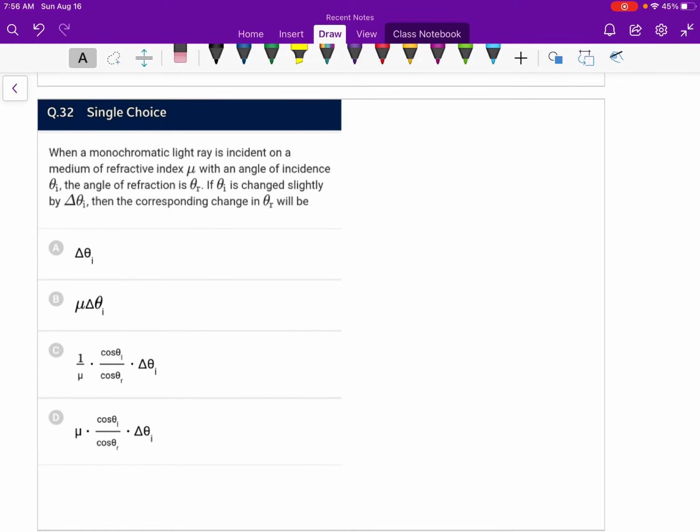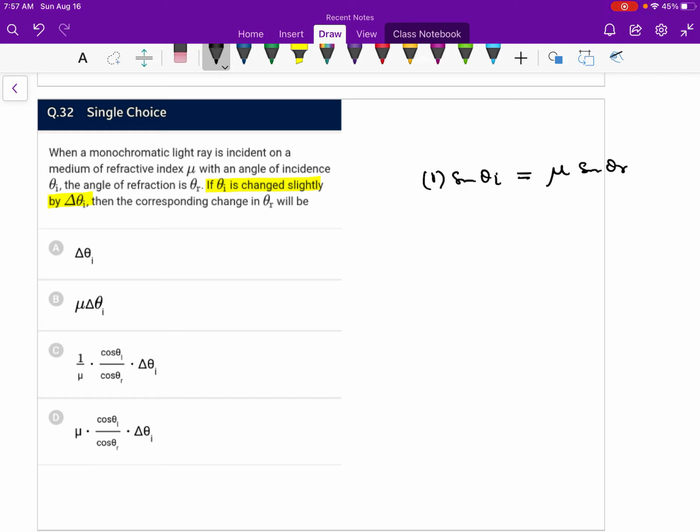When a monochromatic light ray is incident on a medium of refractive index mu with an angle of incidence theta I, the angle of refraction is theta r. If theta I is changed slightly, meaning a small amount, we can go by the approximation method. So let's write Snell's law, which is 1 into sin theta I is equal to mu into sin theta r.